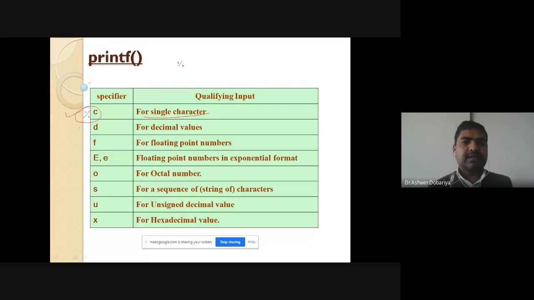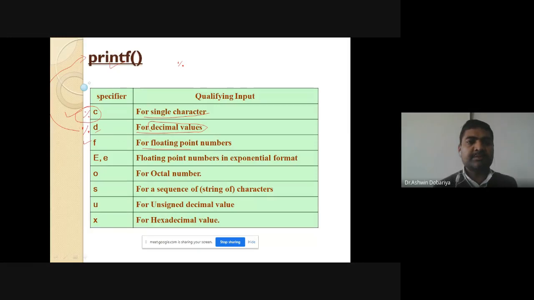Then percentage d. When are we using the percentage d format specifier in printf? For integer variables, or you can say to display a decimal. Actually, d means decimal. So percentage d is used in printf whenever we want to display an integer value. Then percentage f is used for floating value, right?